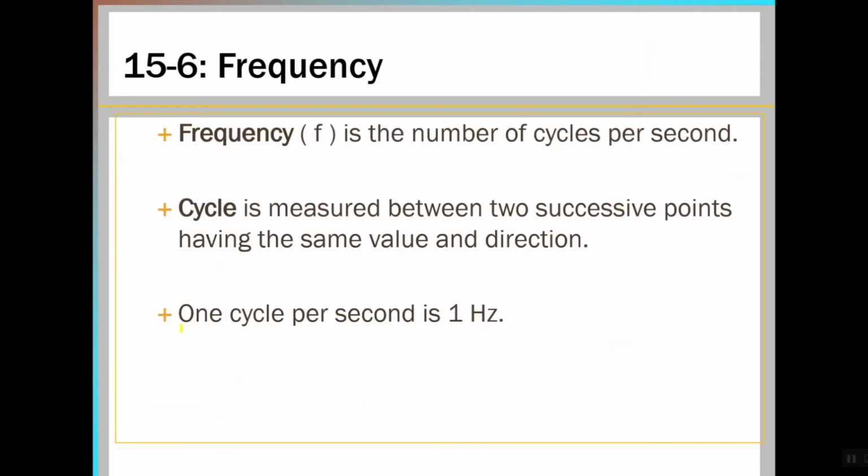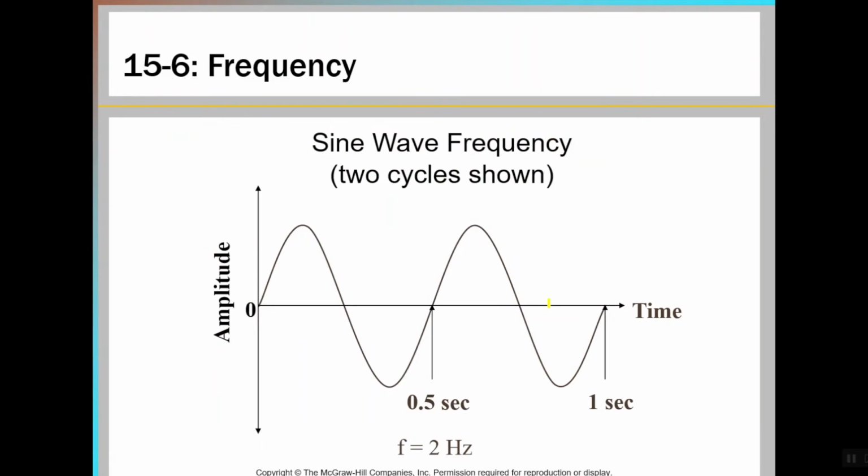Frequency is the number of cycles per second. A cycle is measured in 2 successive points that have the same value, and 1 cycle per second is frequency. So here, I've taken 1 second, I have 2 cycles, so it's 2 hertz.